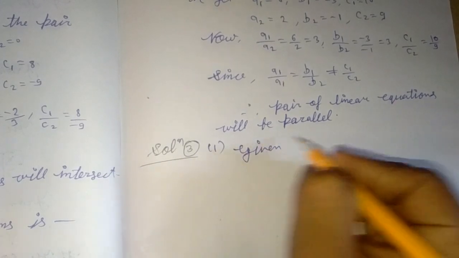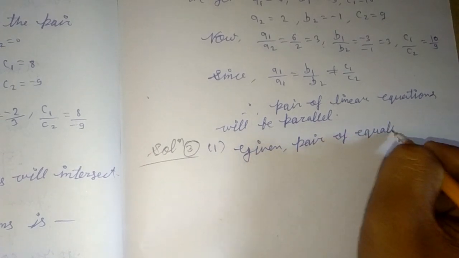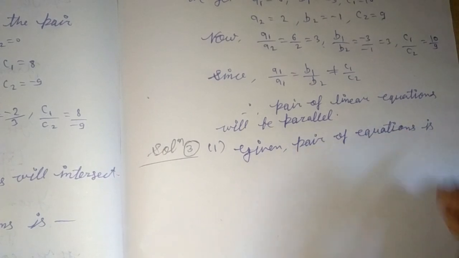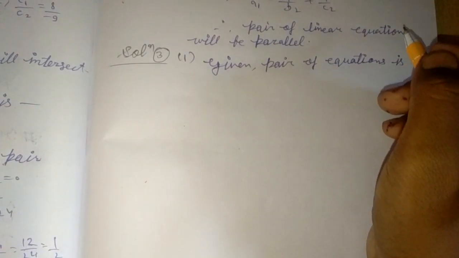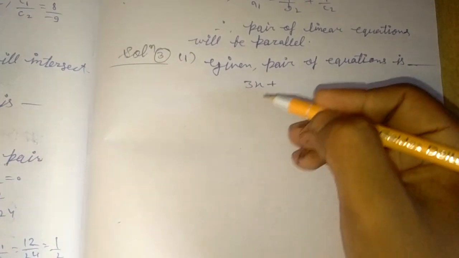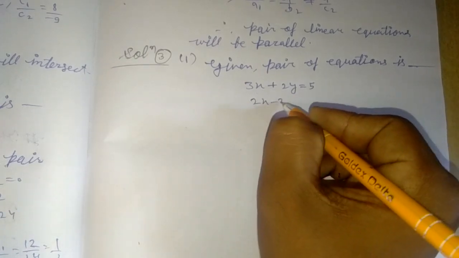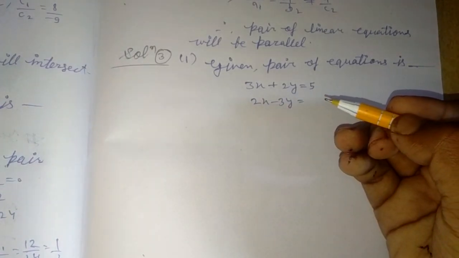So first question we write, given pair of equations is 3x plus 2y equal 5, 2x minus 3y equal 7.